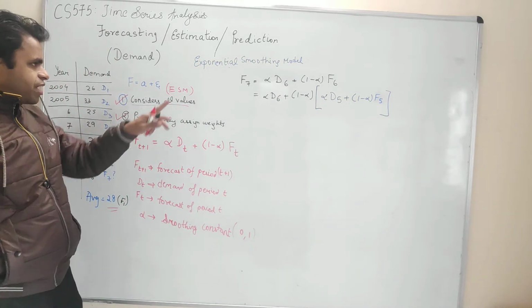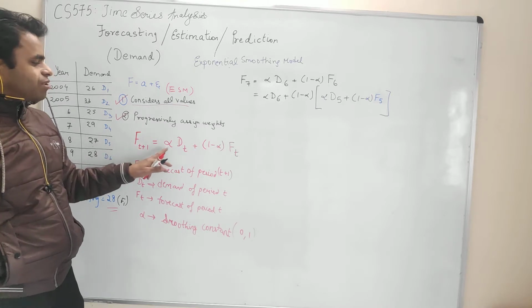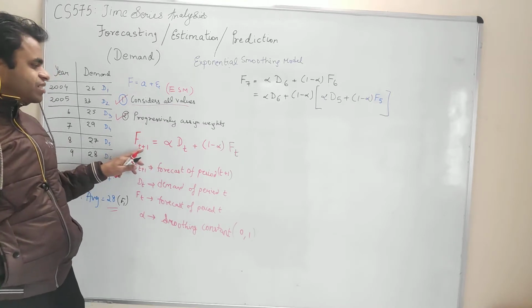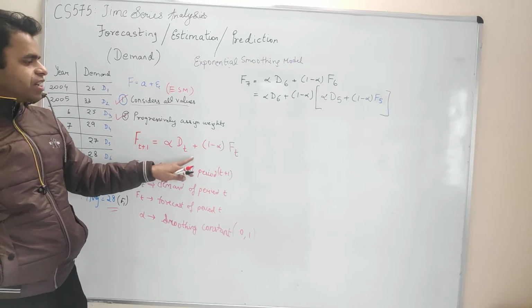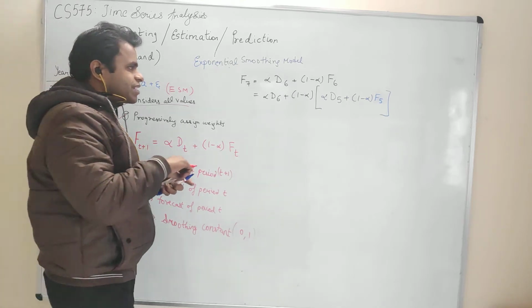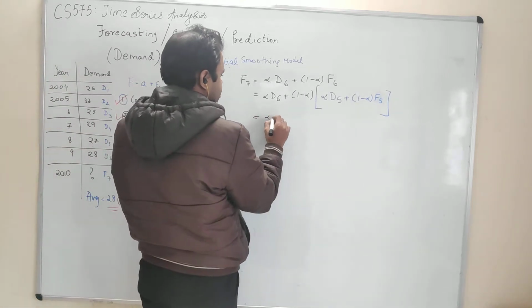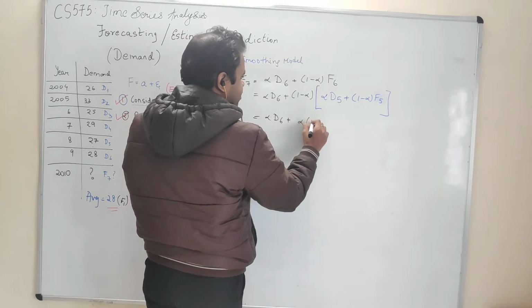So I just use F6, and I derived it from this: if this is F6, this will be alpha d5, because it is t plus 1 and I am reducing this value by 1. So this becomes alpha d5 plus (1 minus alpha) F5. Now let me expand this. This will become alpha d6. I expand the bracket and rearrange.